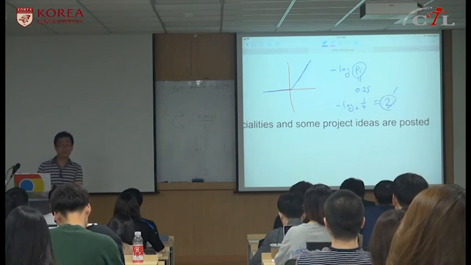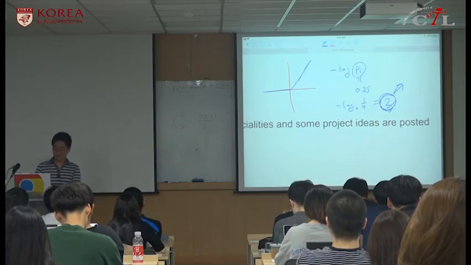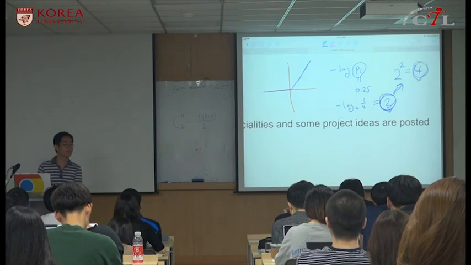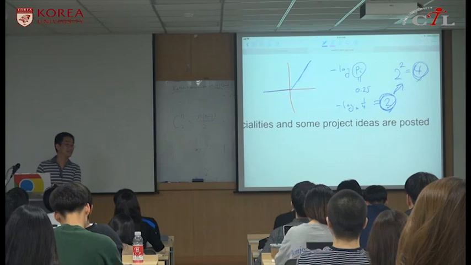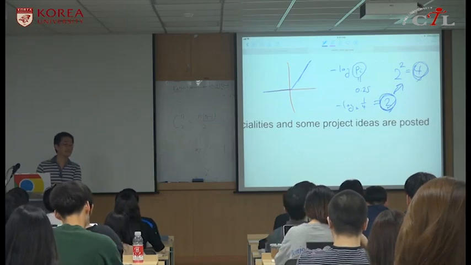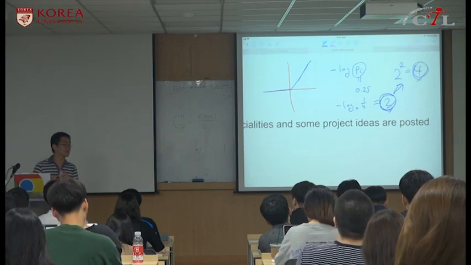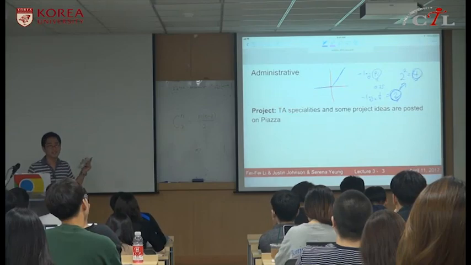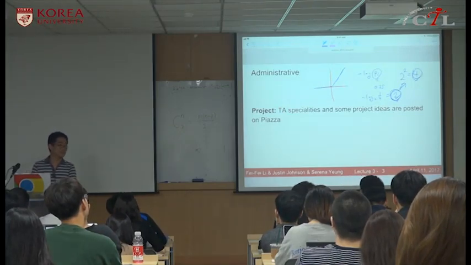And then what will be the perplexity? Perplexity is 2 to the power of 2, so the perplexity will be 4. As I mentioned, if the perplexity is 4, then our classifier is like picking equally among 4 different classes. So that way the perplexity is related to the cross entropy or KL divergence and things like that.